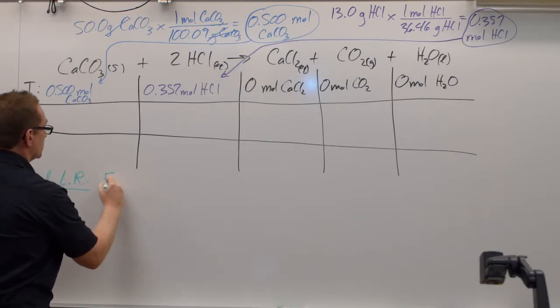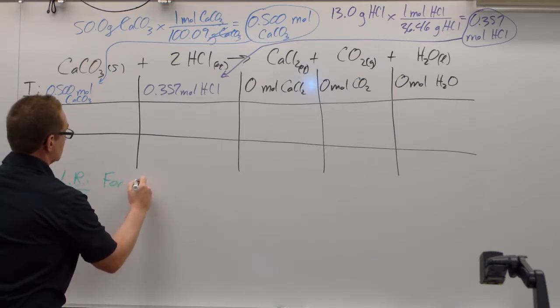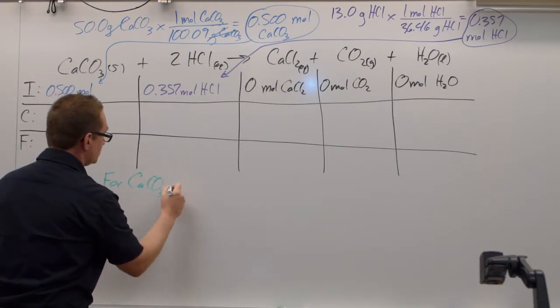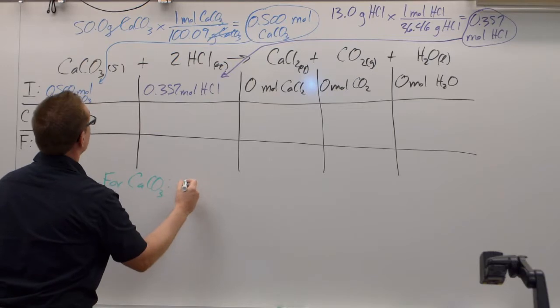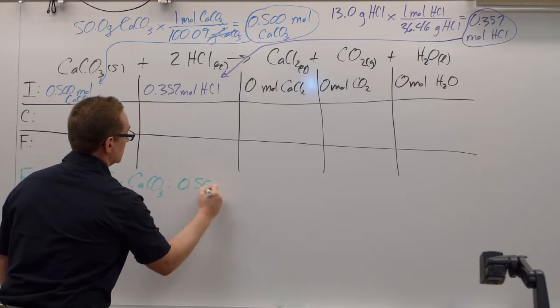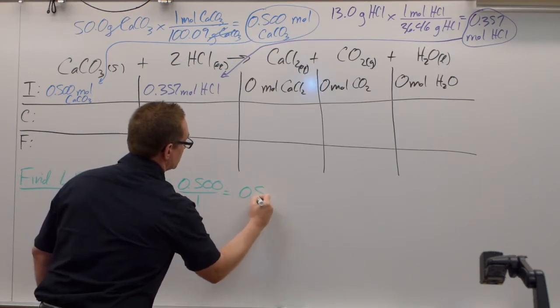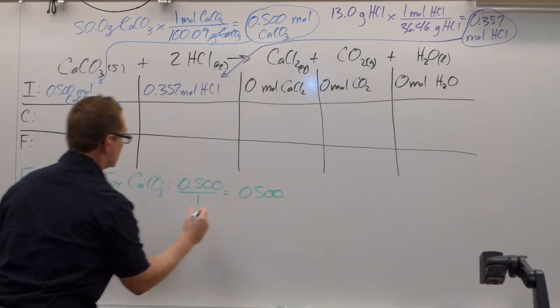Okay, for calcium carbonate, it's going to be 0.500 divided by 1. That gives me 0.500.